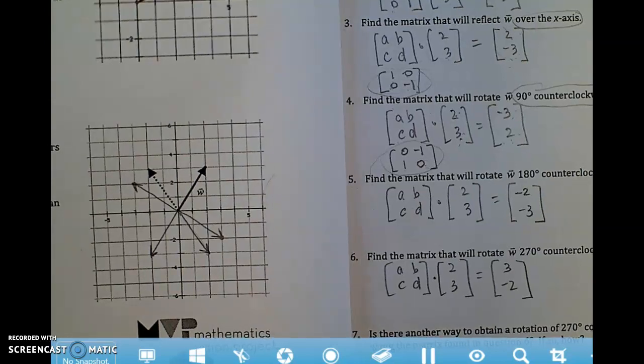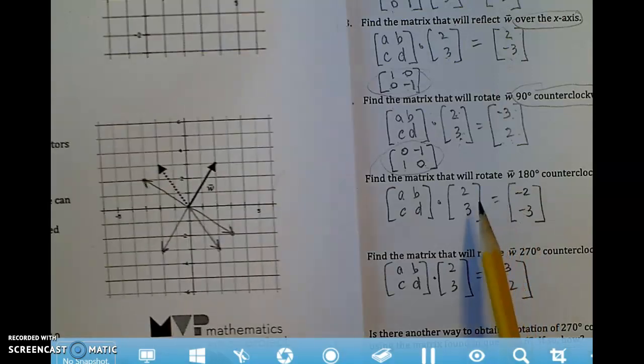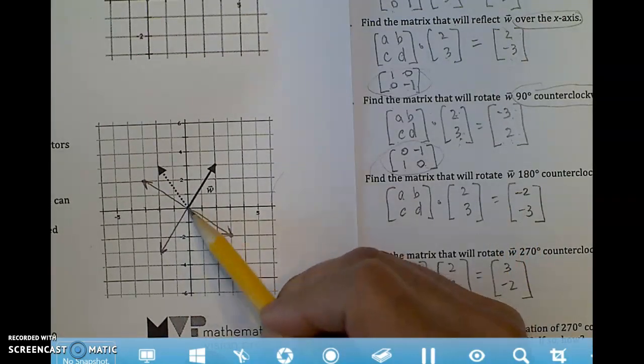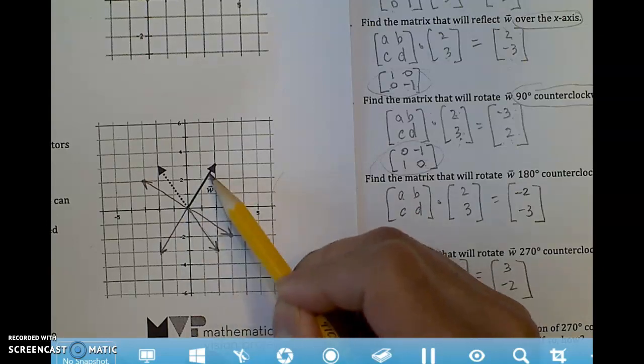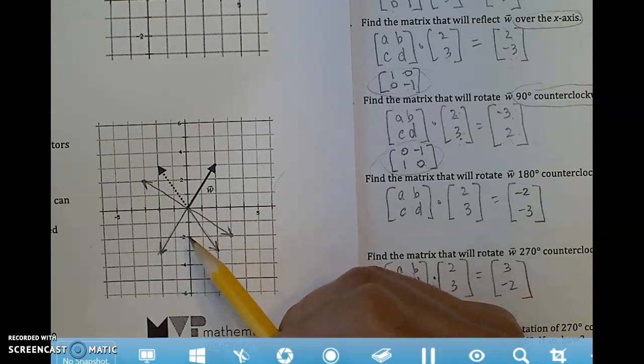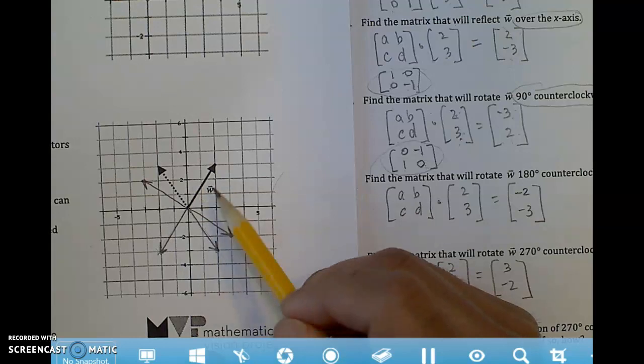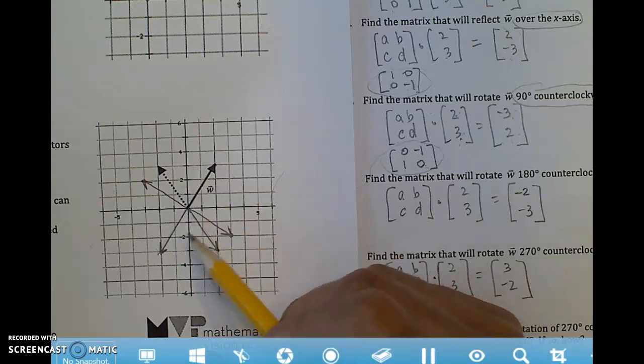Now moving on to number 5, where we're doing a 180 degree counterclockwise rotation. Again, seeing what that looks like: here's my vector W, and here's the vector that represents 180 degrees around the origin. Reminder that with 180 degrees we keep the same slope.